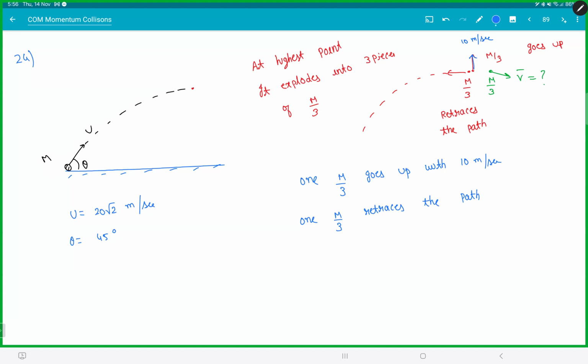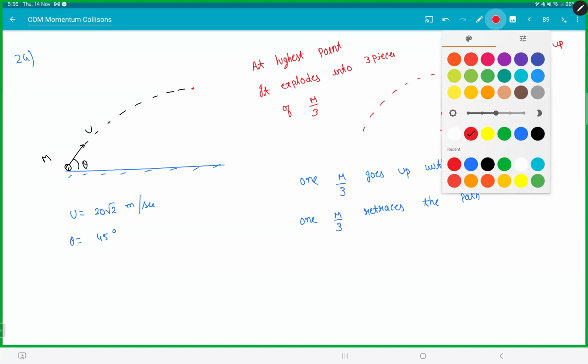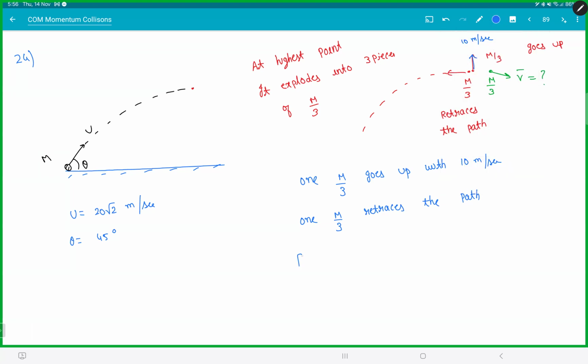The other m by 3 retraces the path, it just goes back to the initial point of projection. Find the velocity of m by 3, the last piece, just after explosion, and find the position where it lands on the ground.